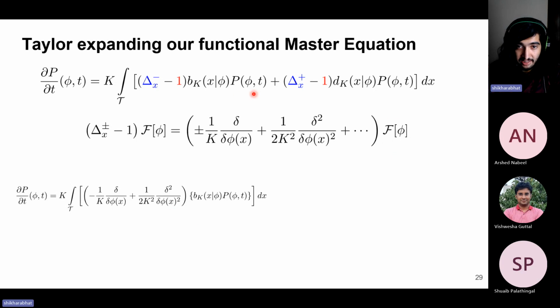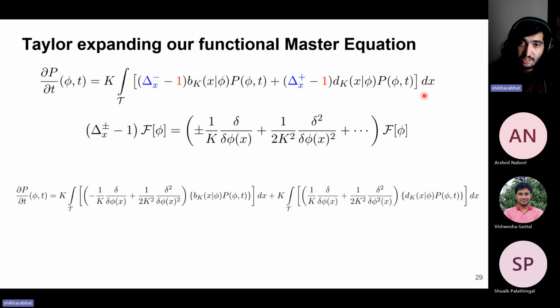F here is b times p. And I have just written out this integral in full. For the second term, we have delta plus minus 1, which is plus 1 by k dou by dou phi, plus 1 by 2k square dou square by dou phi square, which is what is inside these parentheses. The whole thing is applied now to d k times p, which takes the role of mathcal f.